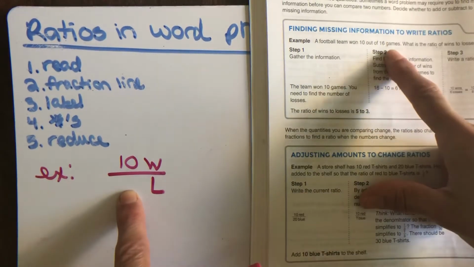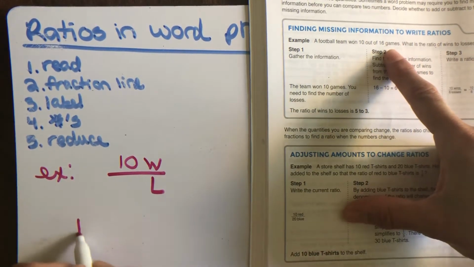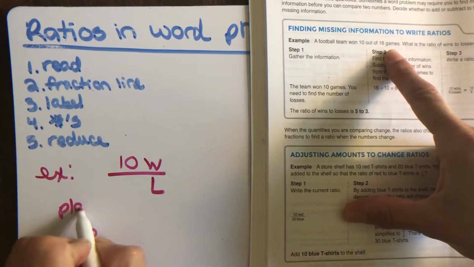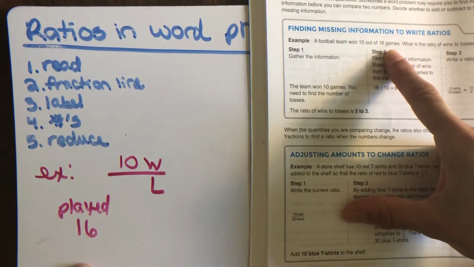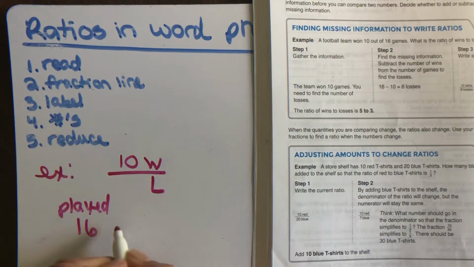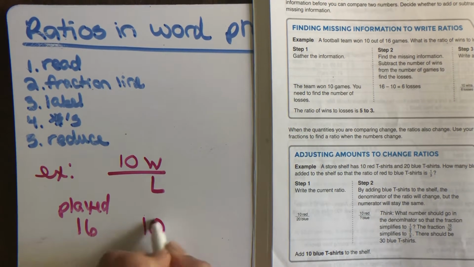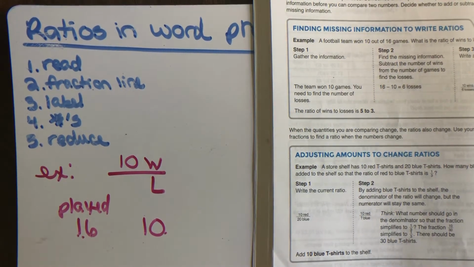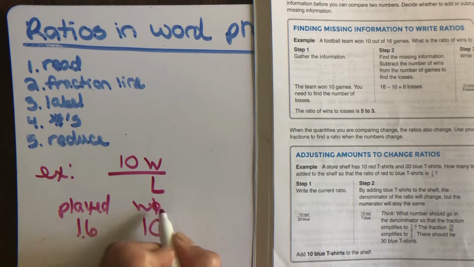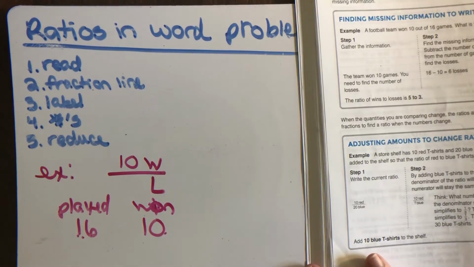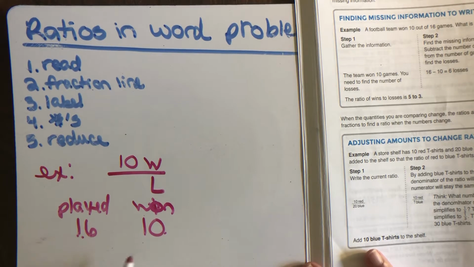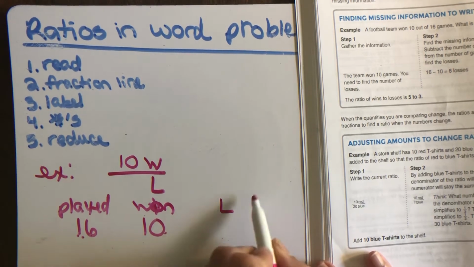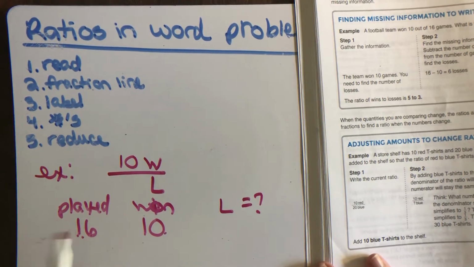No, because they played 16 games. So think about it. If you played 16 games and you won 10 games, what do I need to do with this number and 16 to figure out how many I lost?